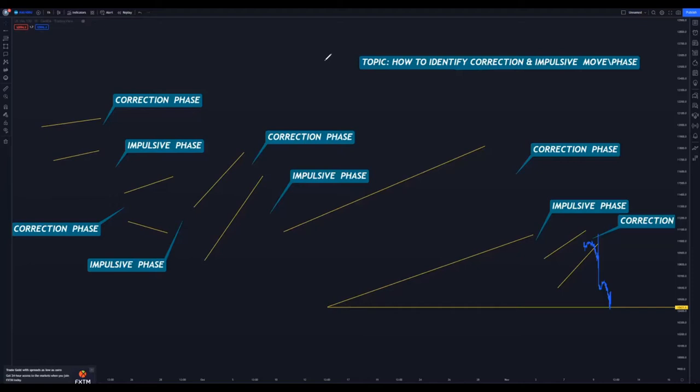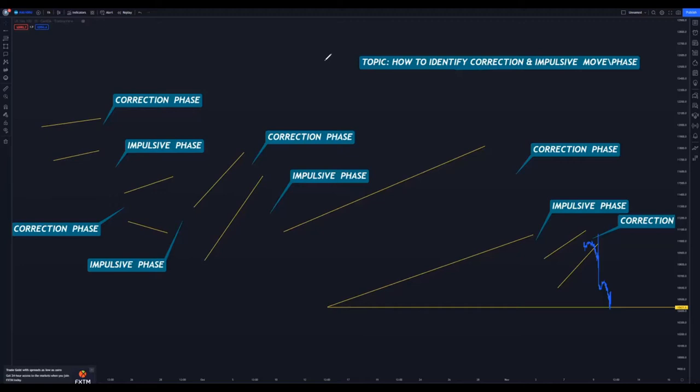If it starts by correction, the following step is going to be an impulse. There will never be an impulse, then correction. It will be impulse, correction, or correction, impulse.